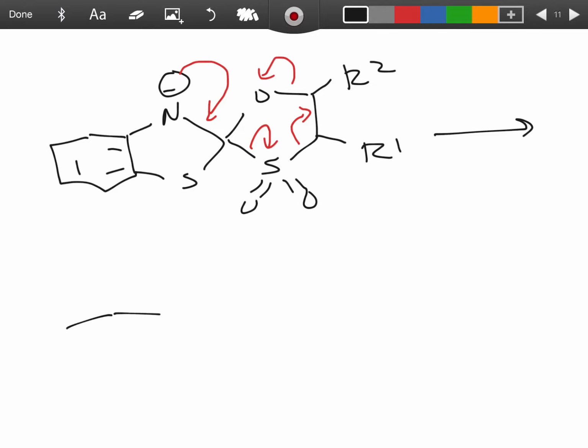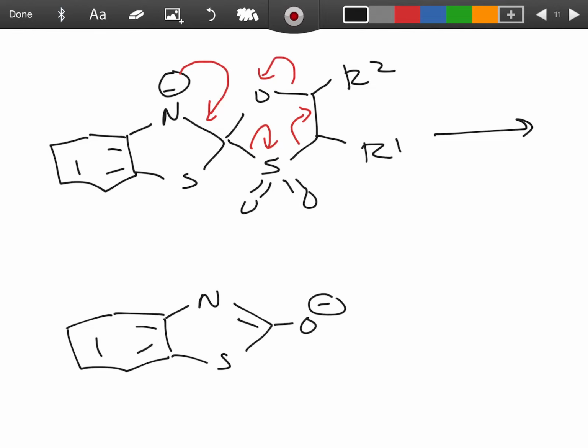And then that's going to make this. So this is our byproduct. We're going to make SO2 as a gas, and then we're going to make our double bond.